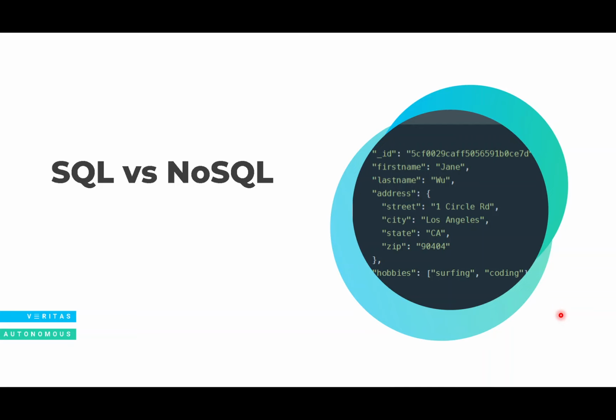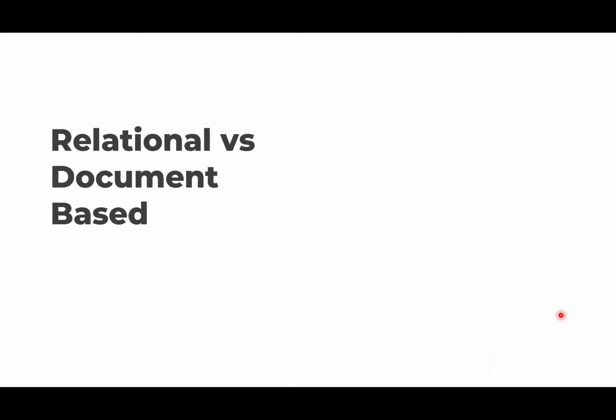On the SQL side, we call it a table of records. So on the SQL side we have records, on the NoSQL side we have documents. On the SQL side we have a table, on the NoSQL side we have a collection. You will understand how these look as we move forward.